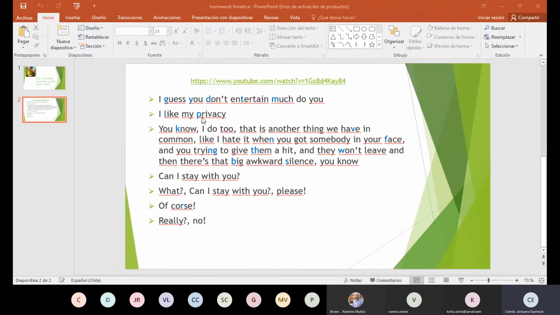And can someone tell me if this consonant has an oral or nasal sound? It is an oral sound. Thank you so much. And the next one is K, and this is velar, voiceless, plosive, and oral sound.